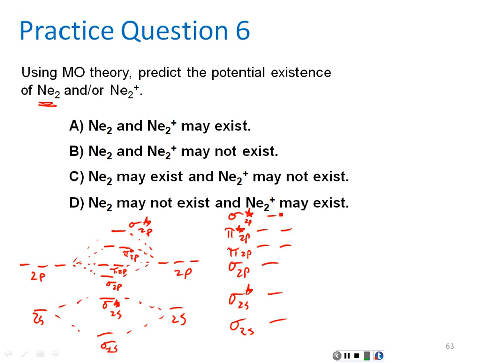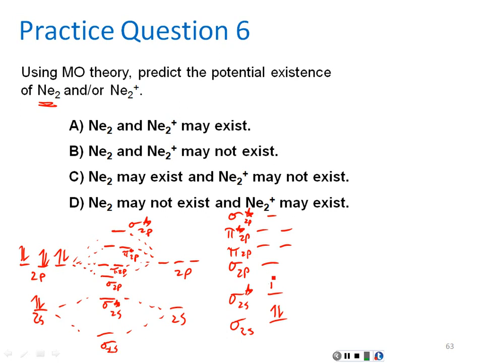Okay, so neon, each neon, 1, 2, 3, 4, 5, 6, 7, 8. So each neon is going to come with 8 electrons. So 8 plus 8 would be 16.